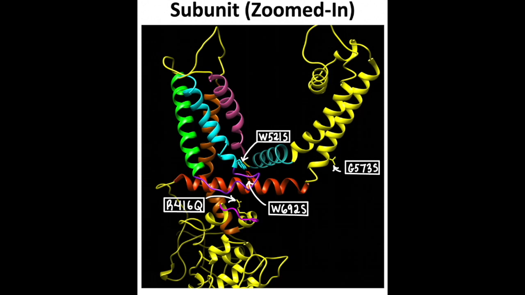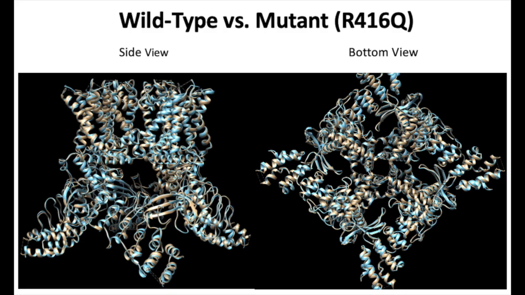And again, in our cryo-EM mutant structure, we only mutated the arginine 416 location, and we left the other 3 sites alone. And so here we have the cryo-EM structures of both the wild type and the mutant arginine 416 laid on top of each other, and we can see that there's remarkable overlap and similarity between the 2 structures. However, there are slight differences between the structures, which we are now going to delve into in detail.